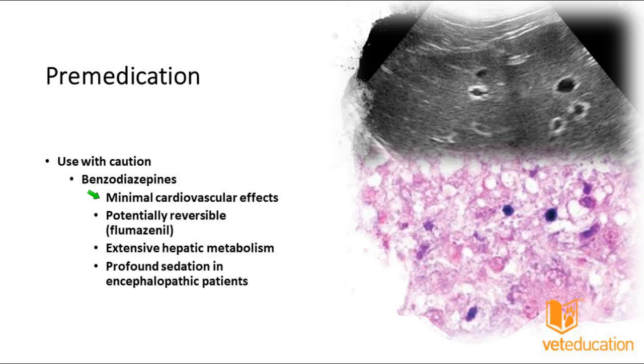The other thing is that you can get quite profound sedation in patients with hepatic encephalopathy. The reason postulated is that, remember, benzodiazepine is a GABAergic drug, and the number of GABA receptors in the brain of a patient with hepatic encephalopathy is thought to increase, and there are dramatically increased numbers of GABAergic compounds circulating and in the brain as well.